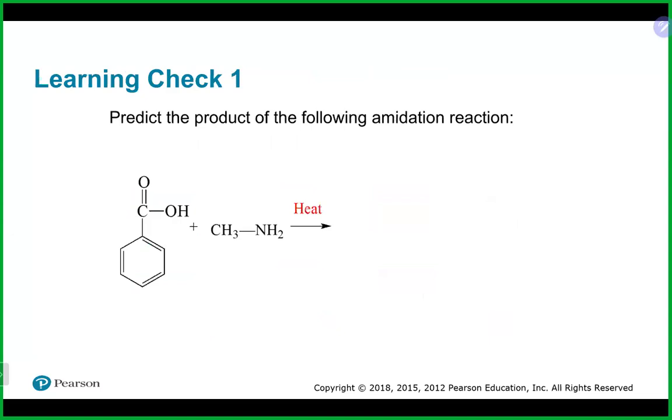All right, so why don't you draw the outcome of this reaction here if you put these two guys together? Okay, so let's take a look. And again, I would recommend just drawing these guys facing each other.